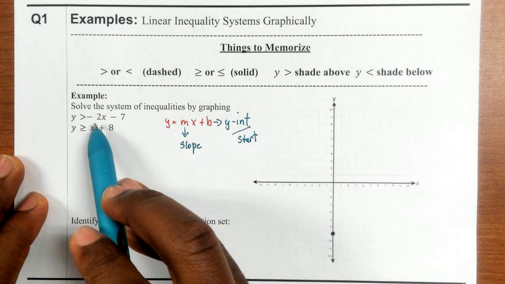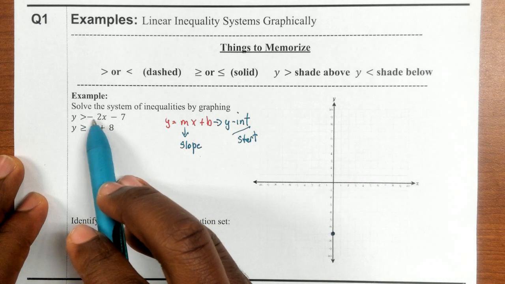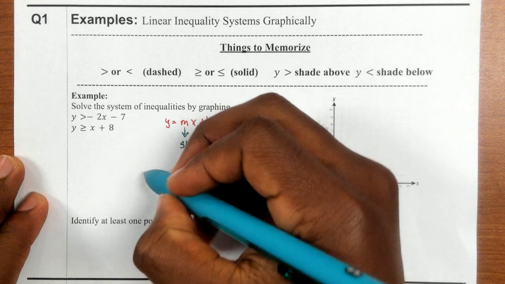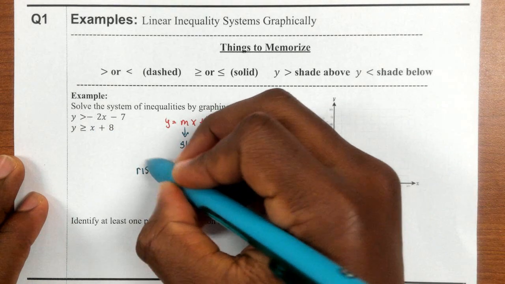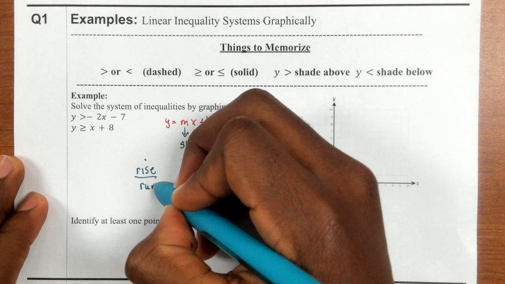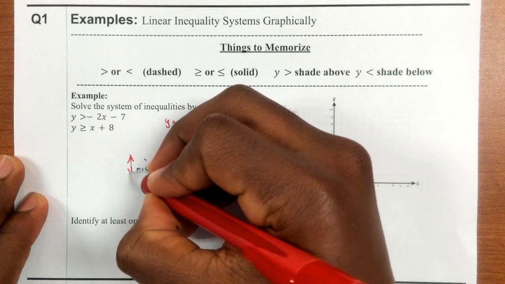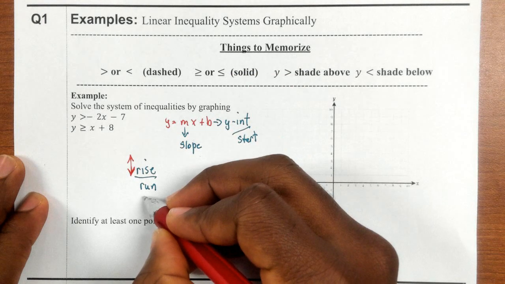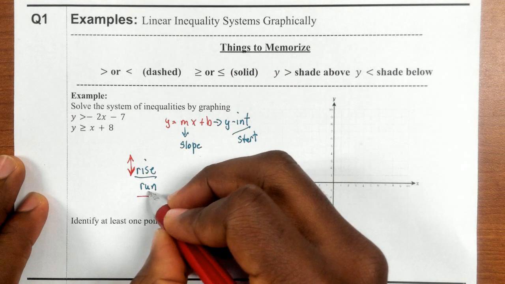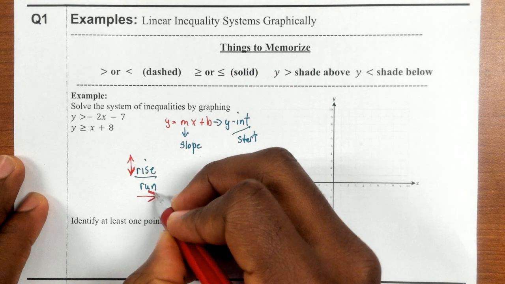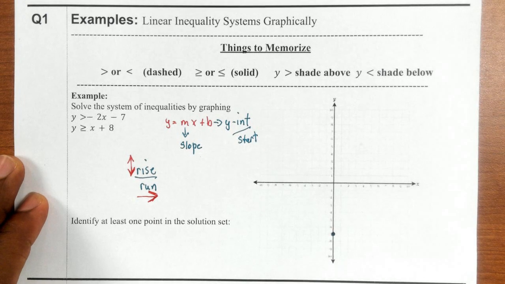Now you ask yourself, what does this slope mean to me? We're going to be using our rise over run. Rise tells you if you're going up or down. Run tells you if you're going left or right. Almost 99% of the time, you're going to the right.